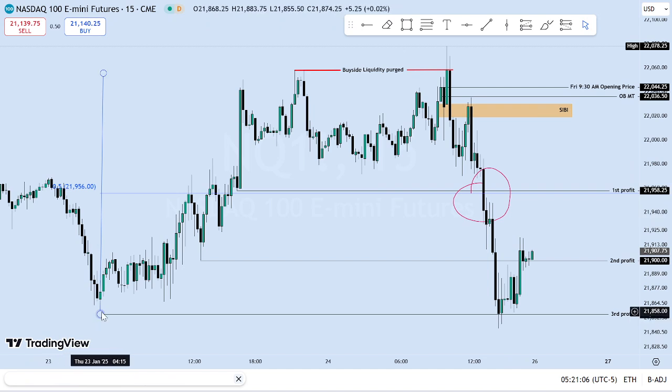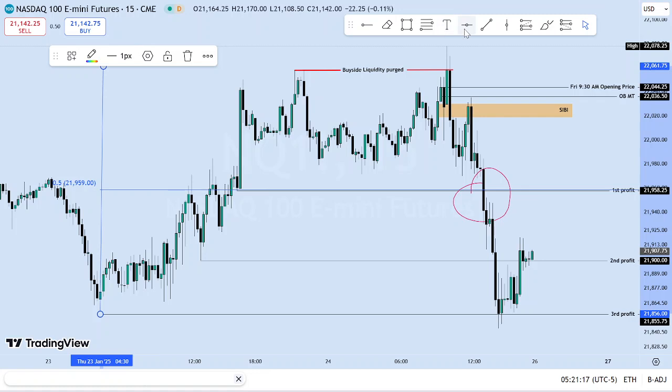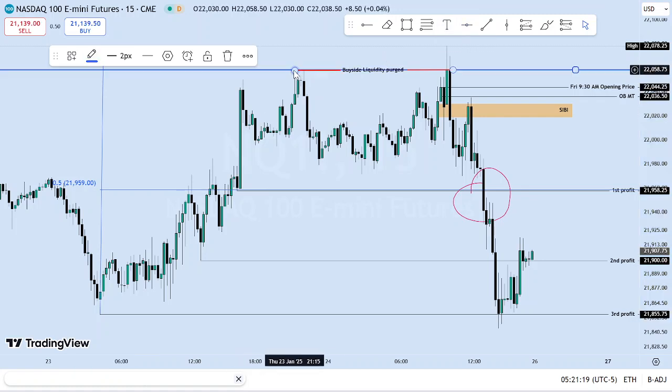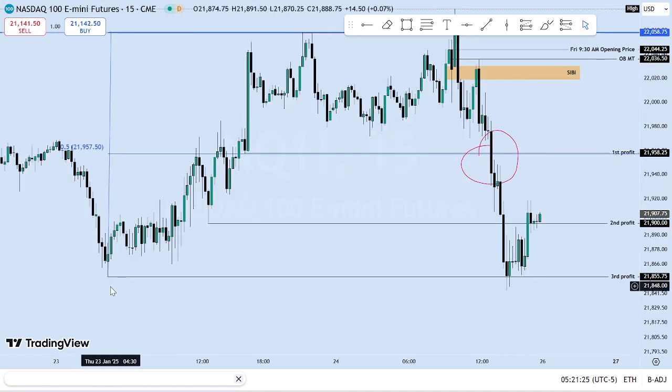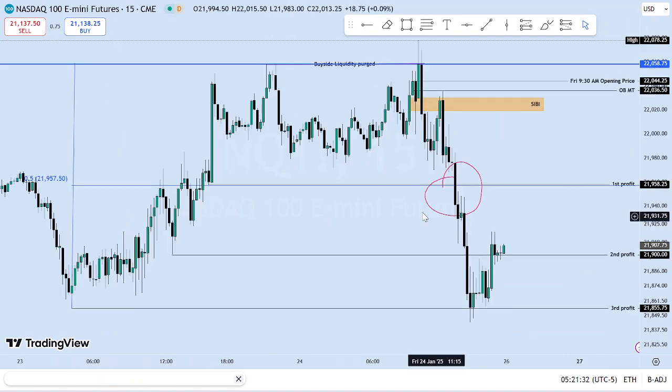That's between this low and this high, the range, the price movement which I measure out with the Fibonacci here. Use your Fibonacci to measure it. This is the high, between the high of the candle and the low here. This is 50%. 50% stands as equilibrium.